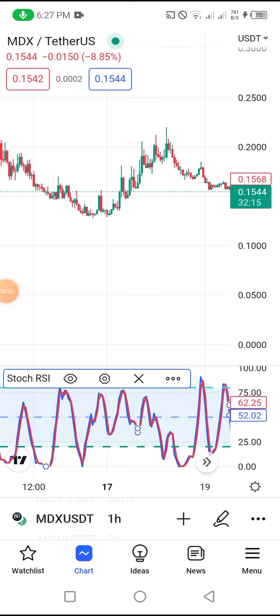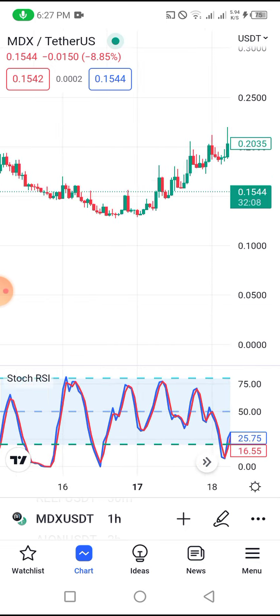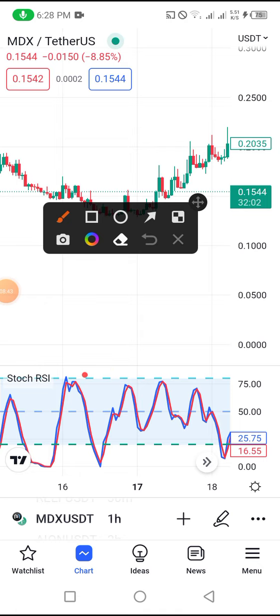All right, so once I've tapped on OK, now I would assume that my settings are already okay. So this is my stochastic relative strength index. Now on this stochastic relative strength index, what we are seeing here is this dotted upper line is called the upper band. This other dotted green line is called the lower band. Those are the colors I chose.